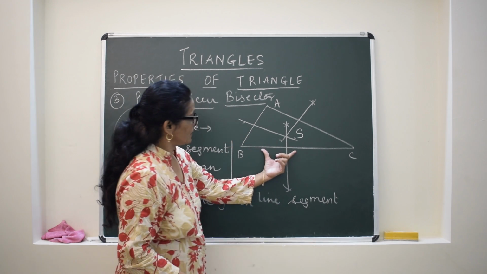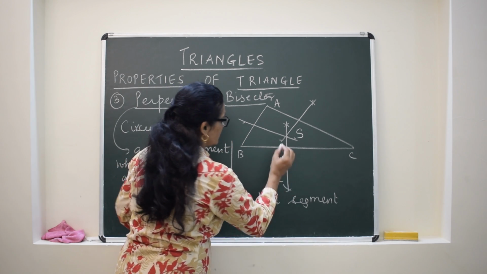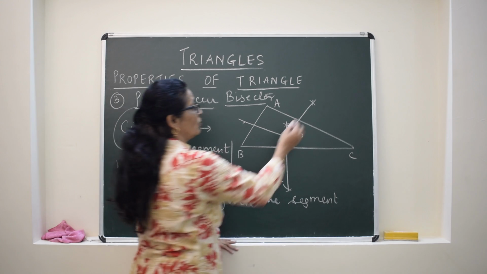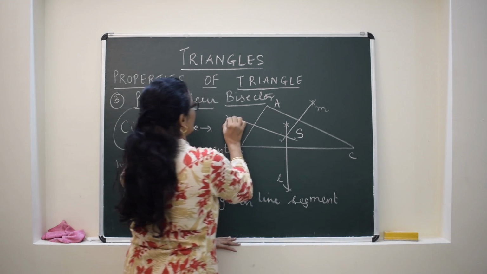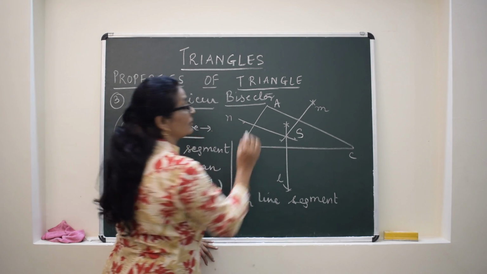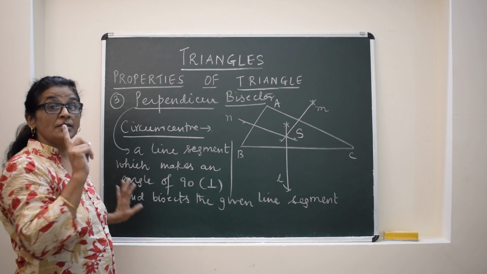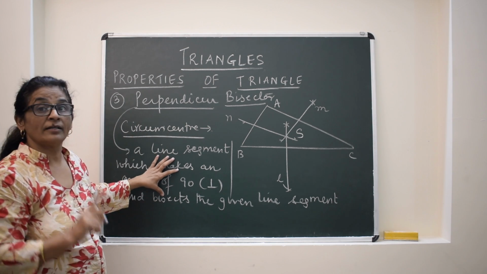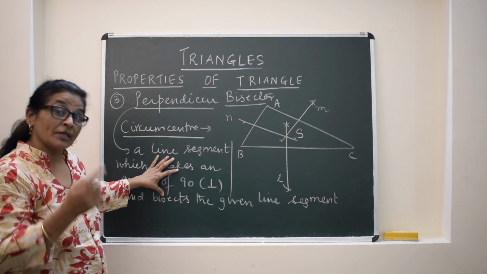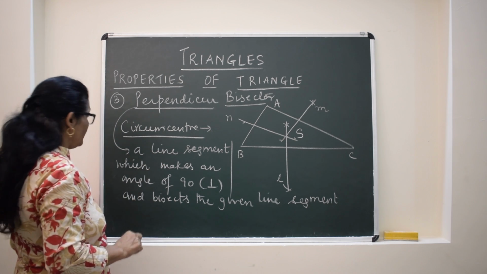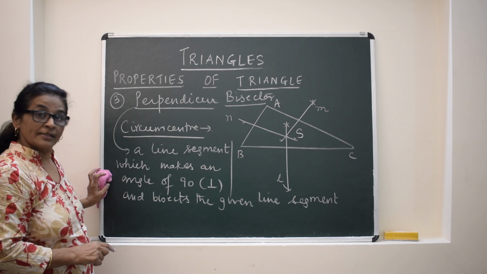Okay, so this is a perpendicular bisector. Suppose I name them small l, m and n. All these three perpendicular bisectors meet at a point which is called the circumcenter. So first you define the perpendicular bisector, then we write the circumcenter.